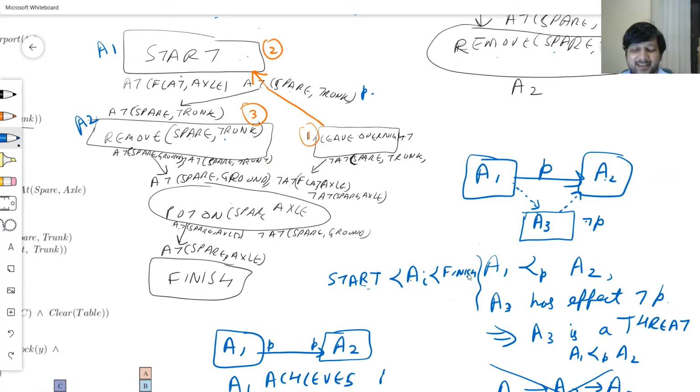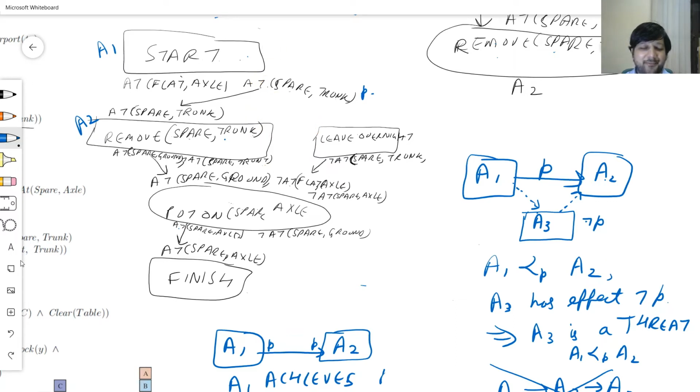This link and this link always exists. I do not draw it up because the graph would become absolutely clumsy. So nothing can get before start, and because nothing can go before start, I am in trouble. My demotion strategy failed.